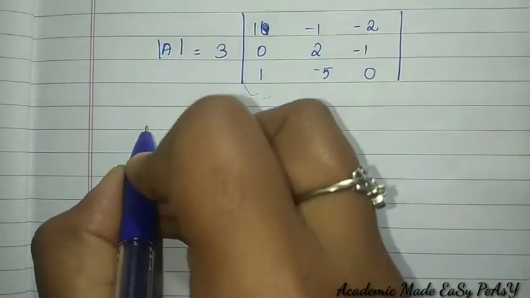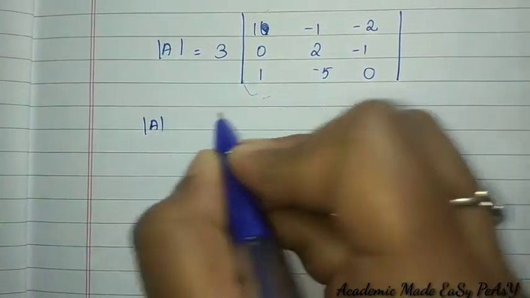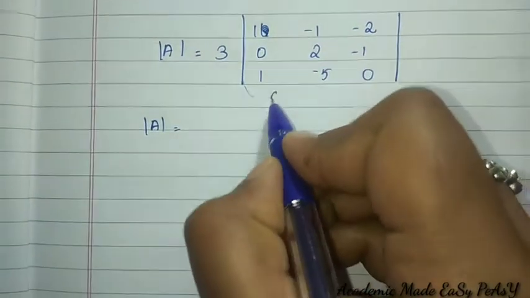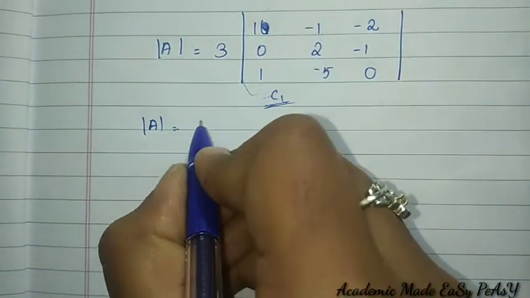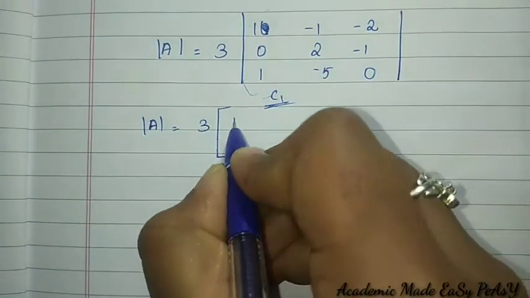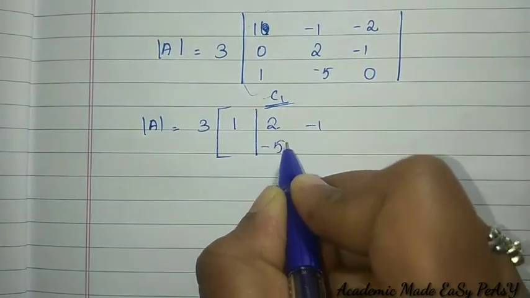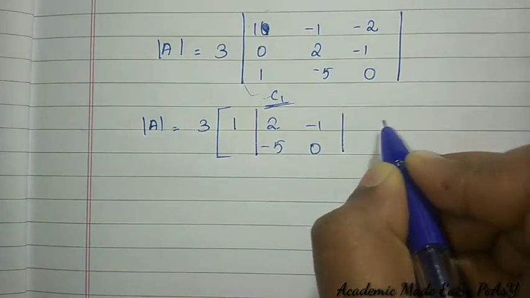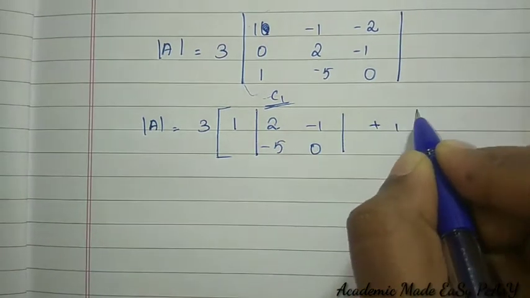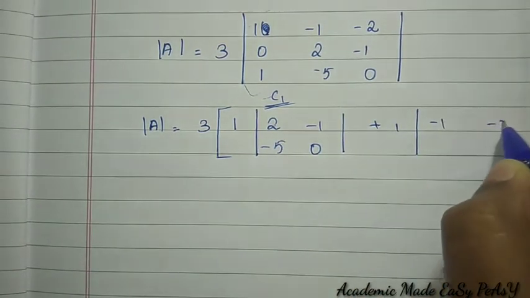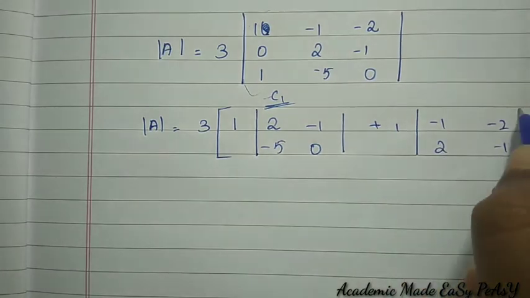So determinant A is equal to, I will be expanding through column 1. So 3 into 1 into 2, minus 1, minus 5, 0, plus 1 into minus 1, minus 2, 2, minus 1.